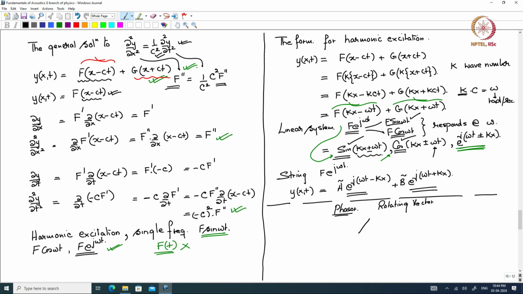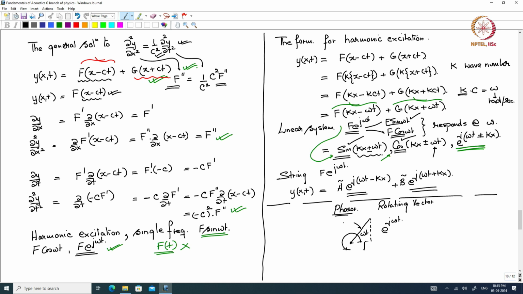If I have a vector of unit length that is rotating, the expression is going to be e to the power of j omega t.